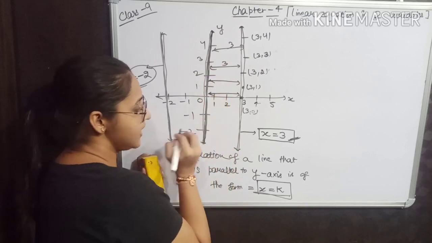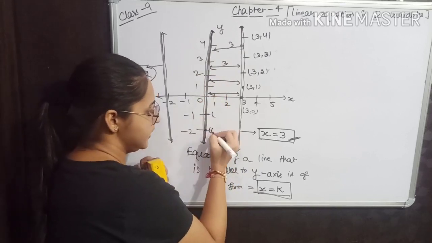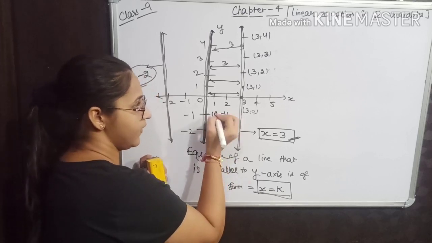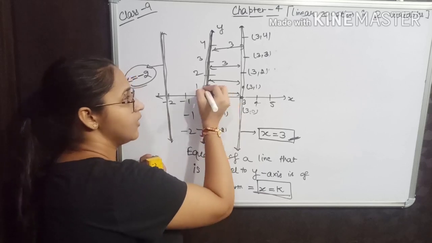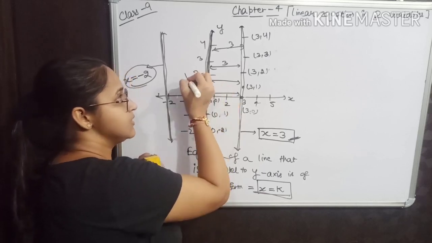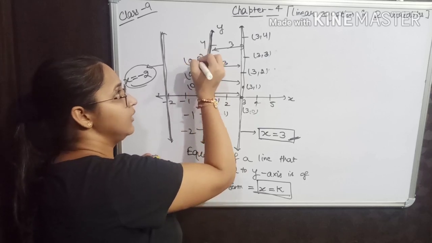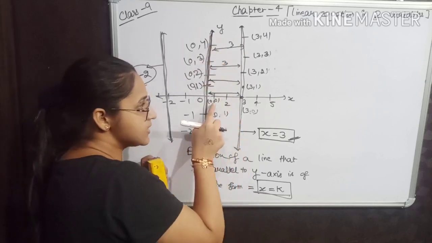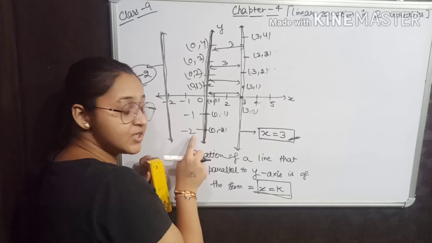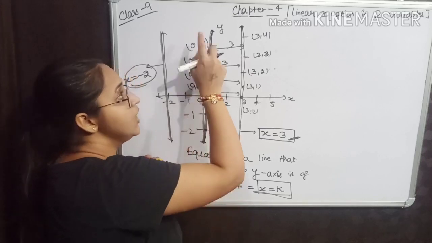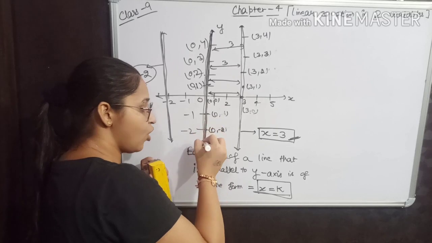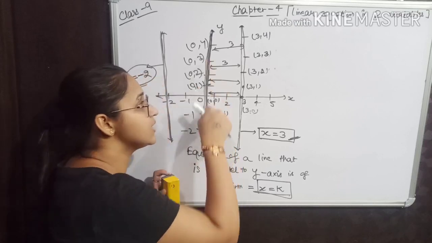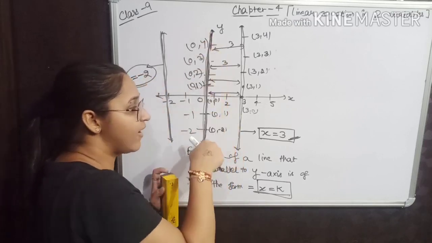On this line, every point is (0, -2), because x is 0 and y is -2, then (0, -1), (0, 0), (0, 1), (0, 2), (0, 3) and (0, 4). At each point x is 0 and y is changing its value. So you can say that the equation of the y-axis is x = 0, because there is no distance. It is the y-axis itself.